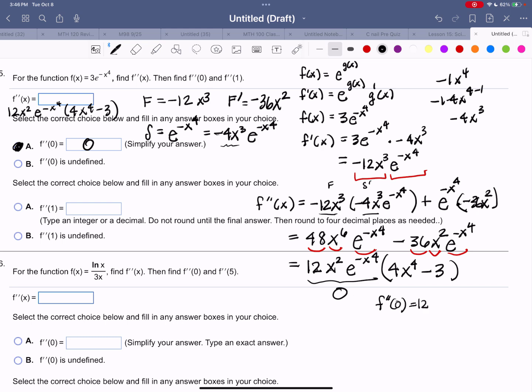Look, 12, 0 squared, e to the negative 0 to the fourth, 4 times 0 to the fourth minus 3. Well, that's going to be 12 times 0 times e to the 0 times 0 minus 3. But look, that 0 right there makes this whole thing 0.